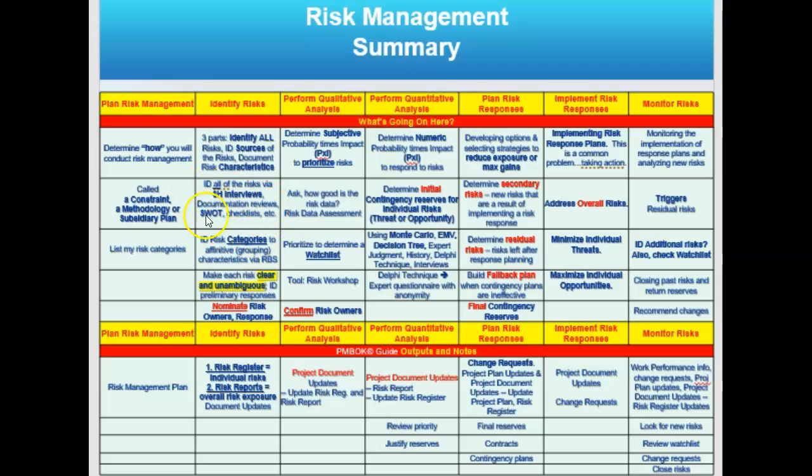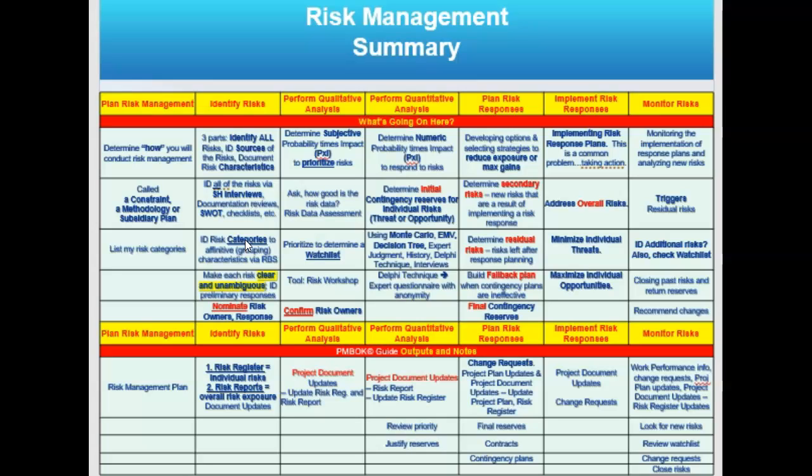So I'm going to identify the risks partly through stakeholder interviews and a SWOT, and I might use a checklist. And I'm going to mention the risk categories, because when I can group risks together, I can use the same response, right? I don't have to have a new clever response for every single risk.